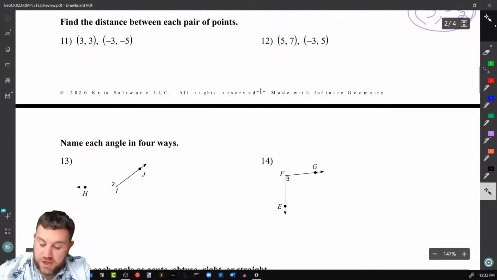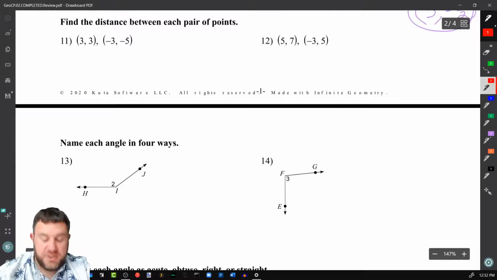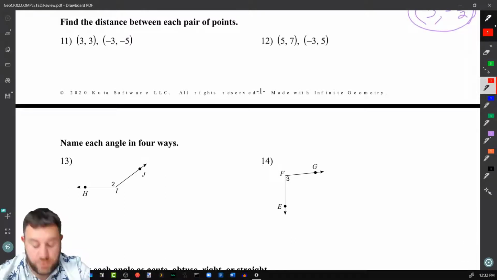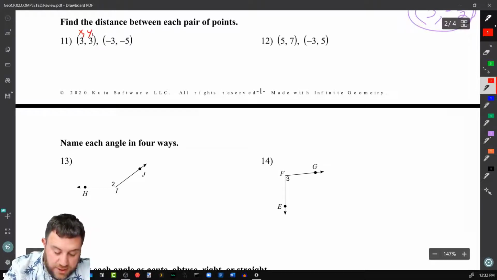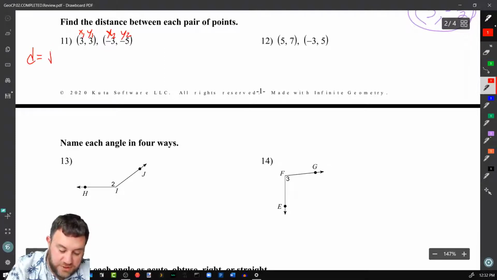For 11 and 12, we're finding the distance, which means we need to plug into the distance formula. So I didn't do this for my midpoints, but x1, y1, x2, y2. I should have done it for my midpoints, I just forgot to.